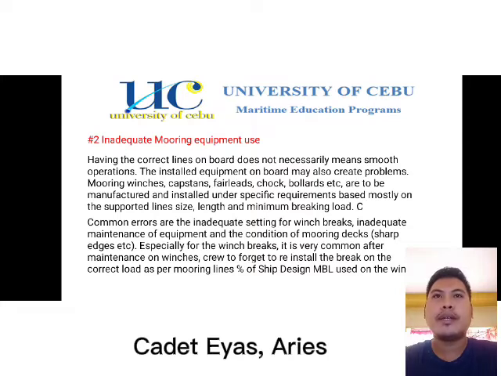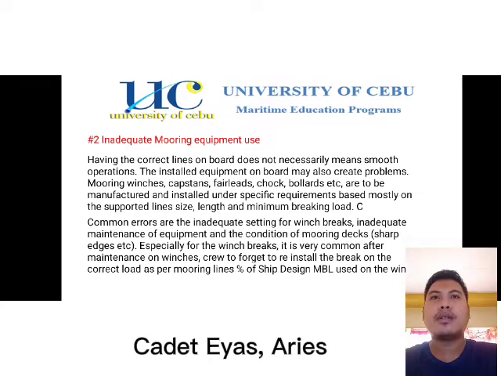Having the correct lines on board does not necessarily mean smooth operations. The installed equipment on board may also create problems. Mooring winches, capstans, fairleads, chocks, and bollards are to be manufactured and installed under specific requirements based mostly on the supported line size, length, and minimum breaking load.